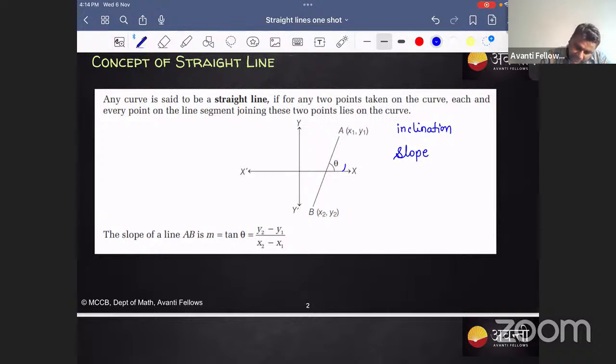So if this is theta, the inclination is theta. Now there comes the term slope. Slope is the tangent of inclination, meaning tan theta. For any line, its slope tan theta is y2 minus y1 upon x2 minus x1. Am I clear?